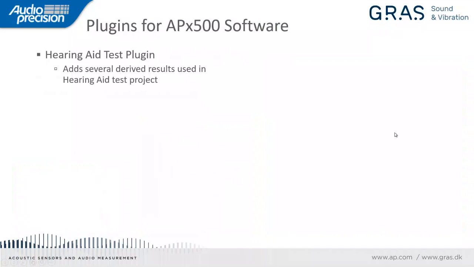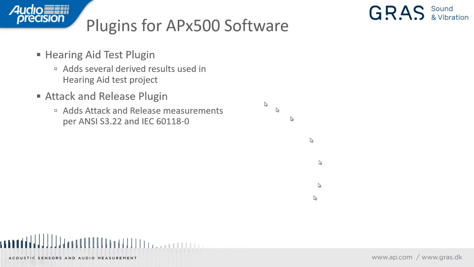Now, I should mention that what I'm going to show you today requires some APX software. So these are extra software features that don't ship with the product, but they can be downloaded from our website. First we have the hearing aid test plugin. This adds several derived results that are used in the hearing aid test project. We have the attack and release plugin.